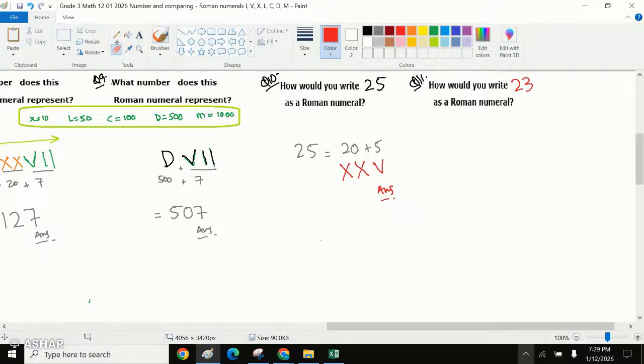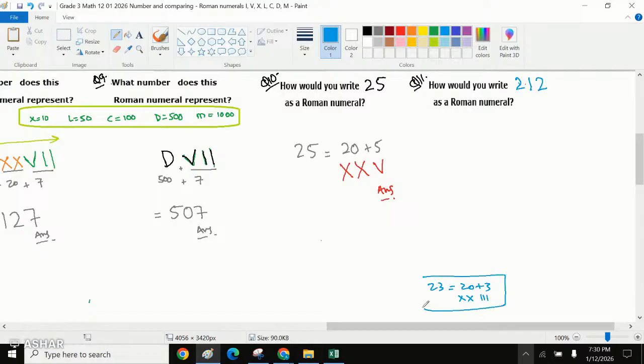It's still easy. Let's make it difficult. Let's say this is not 23, this is 212. 23 would be exactly like 25, with only the 5 replaced: 23 means 20 plus 3, XXIII.